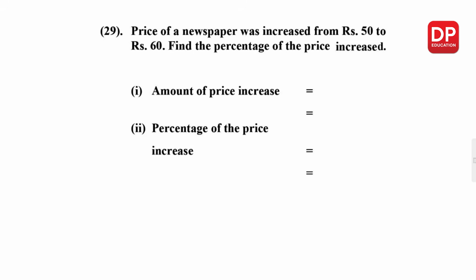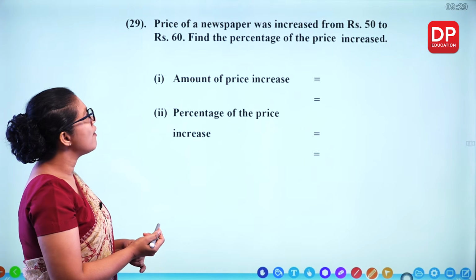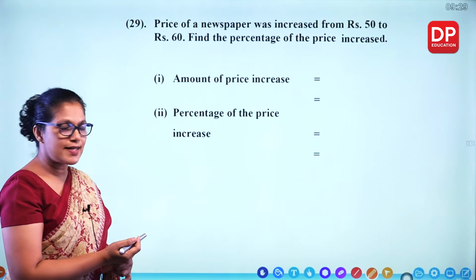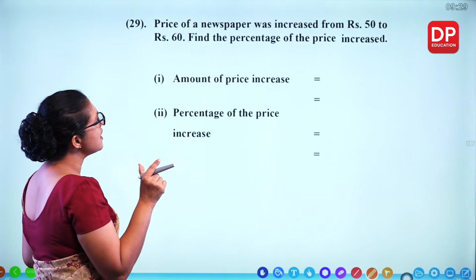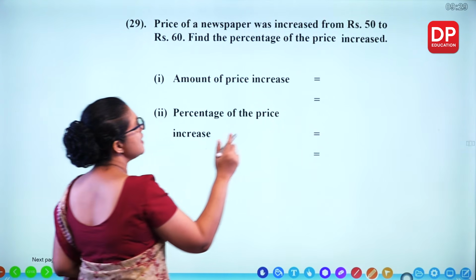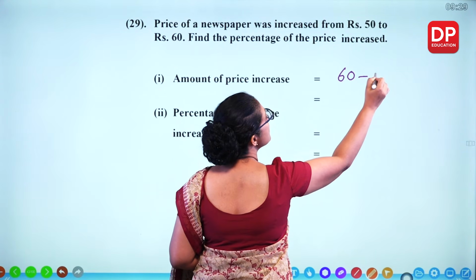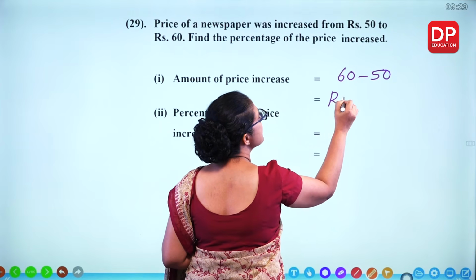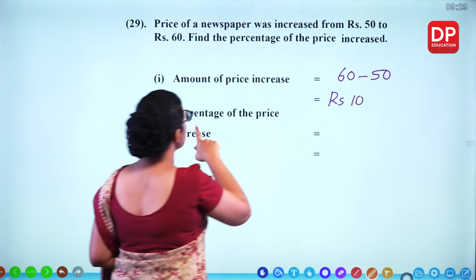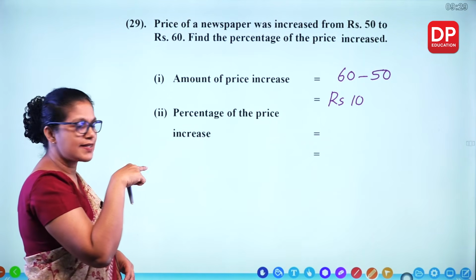Look at this one. The price of a newspaper was increased from 50 to 60 rupees. Find the percentage of the price increase. So what's the amount increased? 50 to 60 means 60 minus 50. That means 10 rupees. What's the percentage price increase?